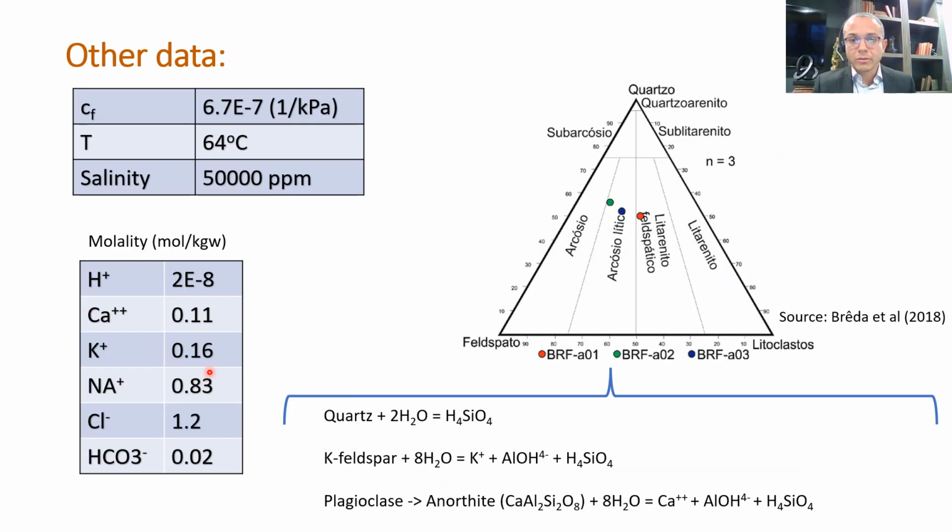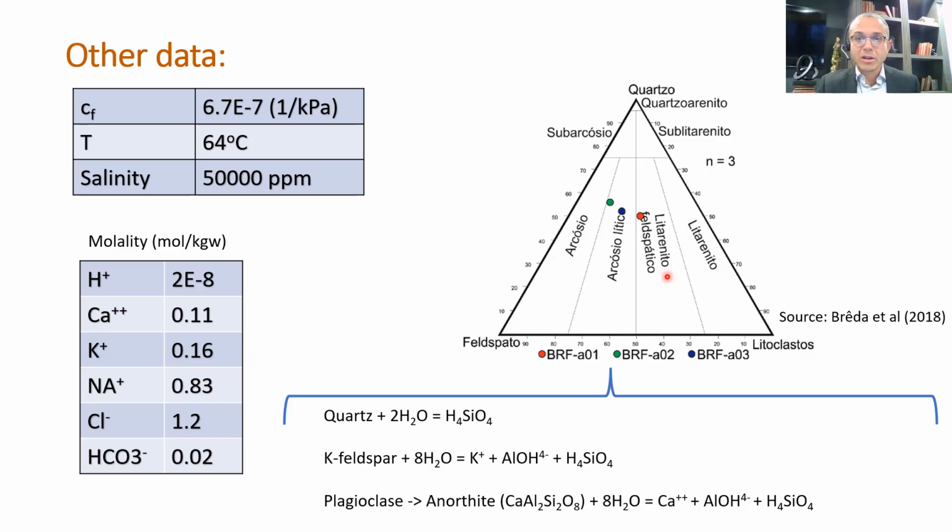The reservoir rock mineralogy in volumetric fraction was composed of quartz around 30%, K-feldspar around 80%, and plagioclase around 5%, according to this study by Breda.